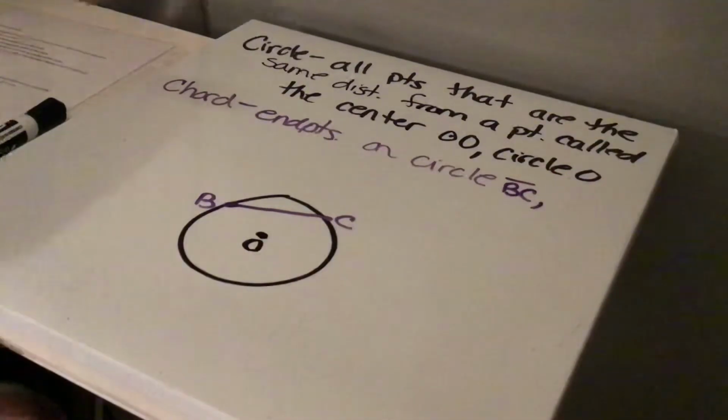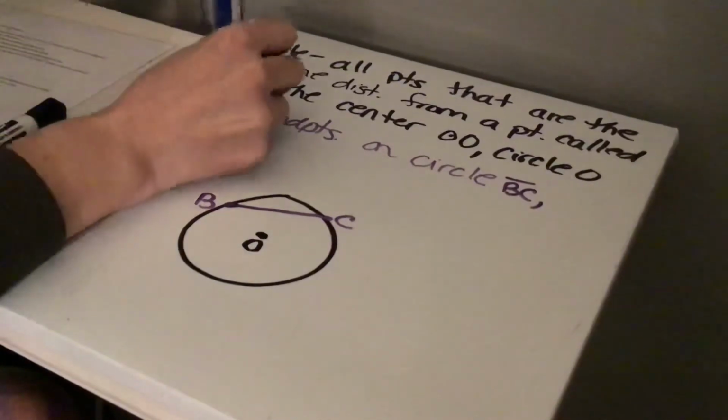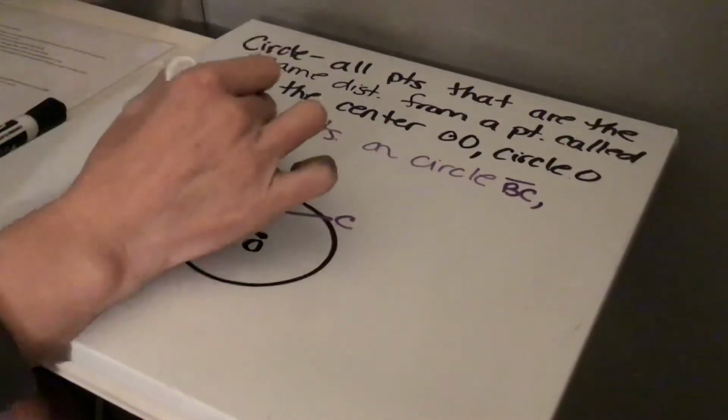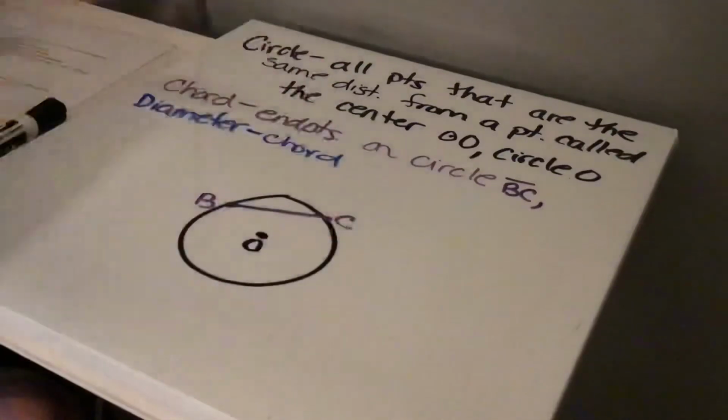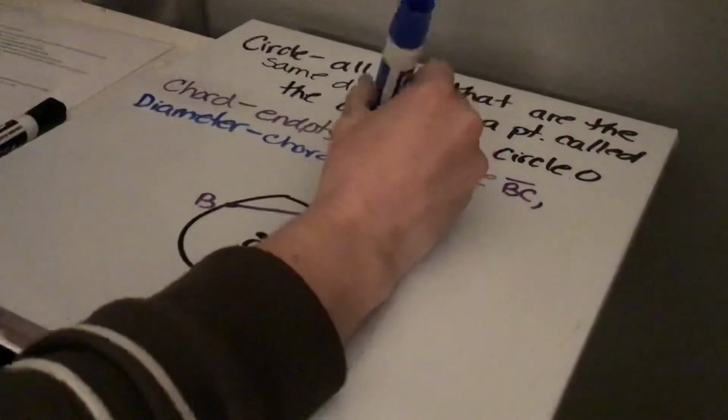Then we have a diameter, and a diameter is a chord, meaning both endpoints are on the circle, but it passes through the center.